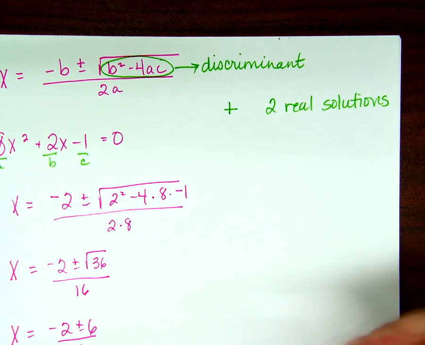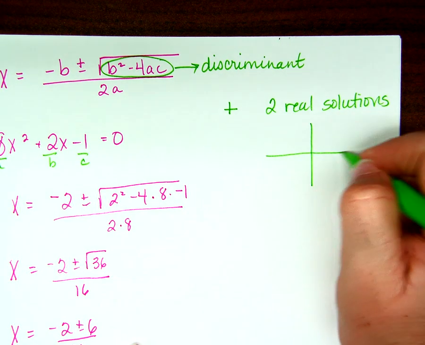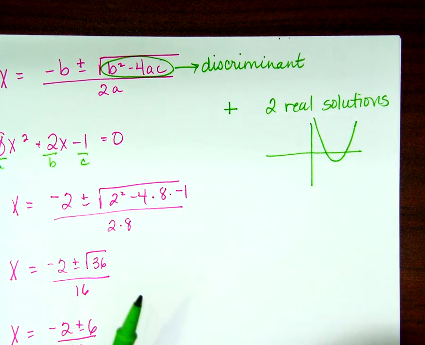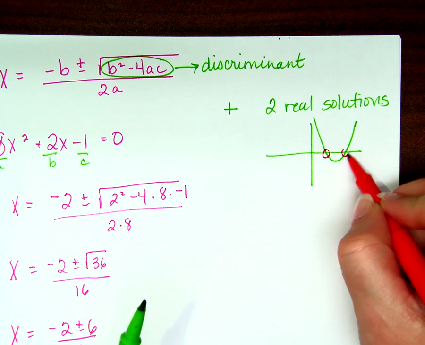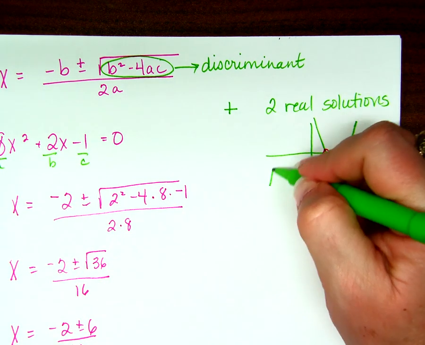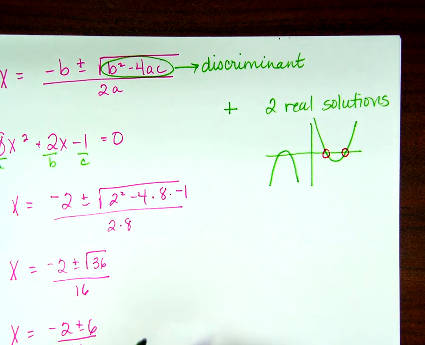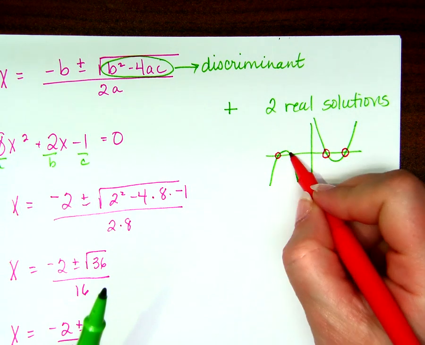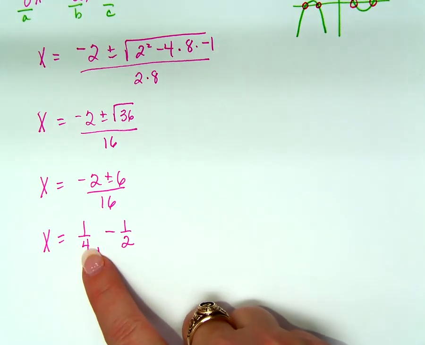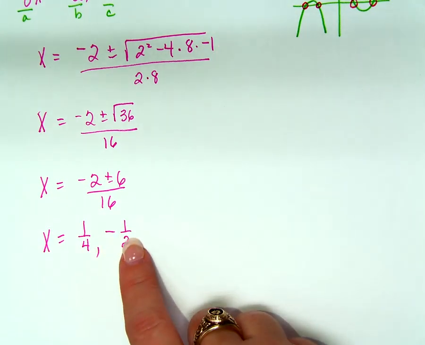Okay, and what that actually looks like on the graph is something similar to this, where it crosses the x-axis 2 times. Now it might be upside down, right? It could be a parabola that opens upside down, but still it's going to cross the x-axis 2 times. 2 real solutions. In this case, it's crossing the x-axis at 1/4 and at negative 1/2.